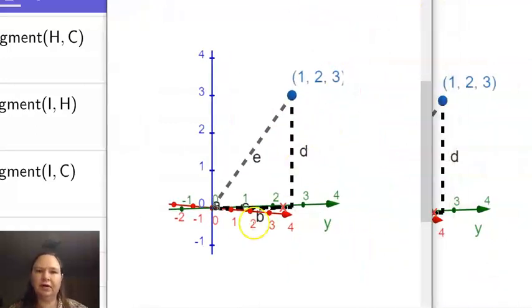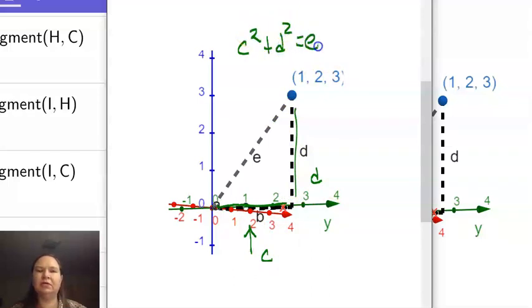And so here I'm going to say that this length going out here is C. That's D. And so the Pythagorean theorem says that c squared plus d squared equals e squared. E is the hypotenuse.